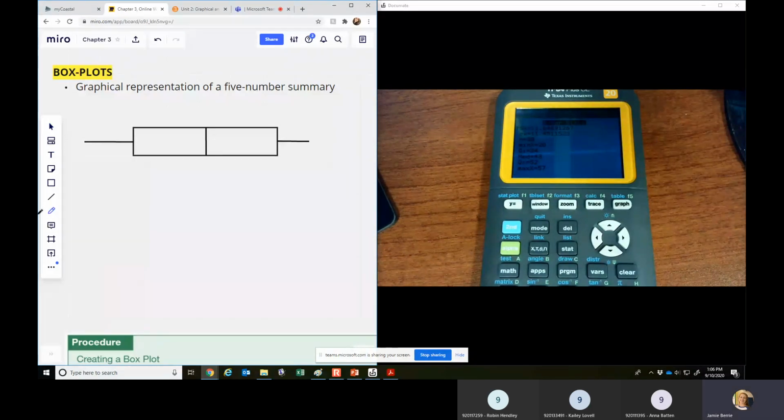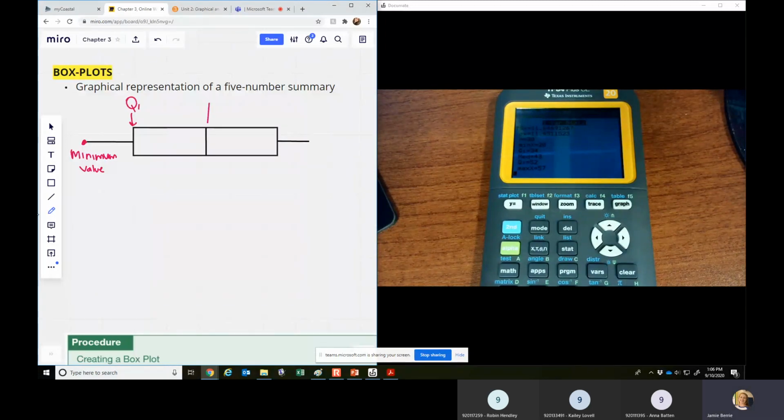All right, so this spot down here, that's where your minimum value goes. At the very end of that whisker is your minimum value. This line here is your first quartile.